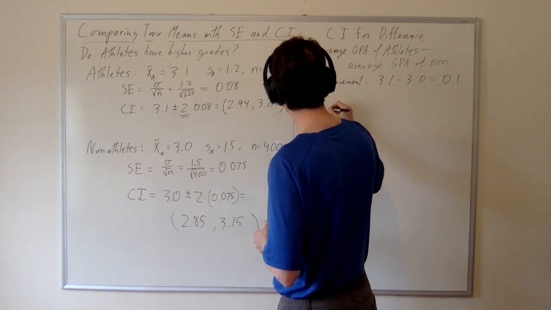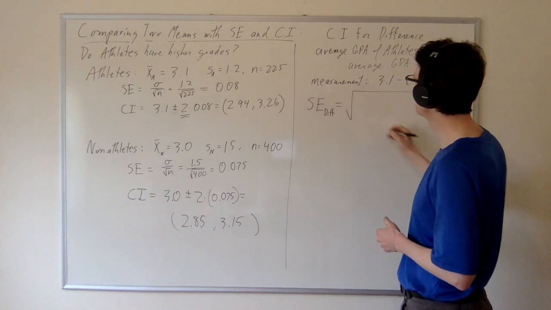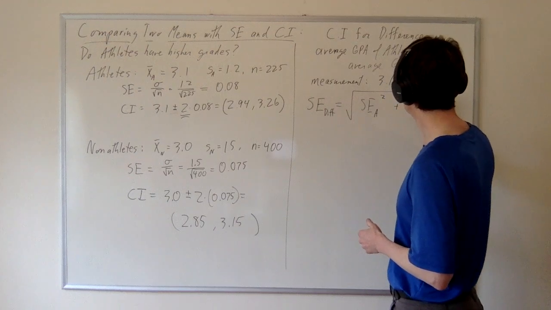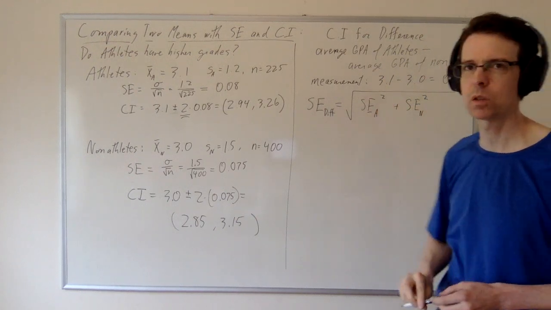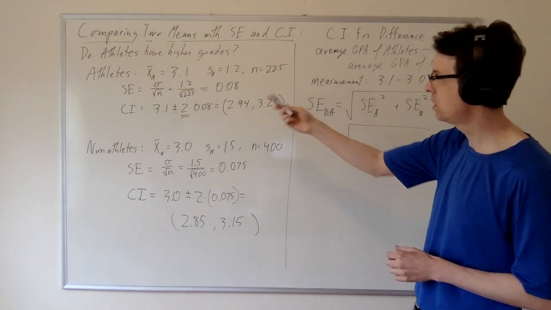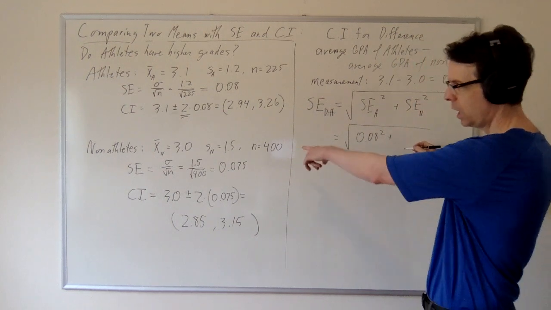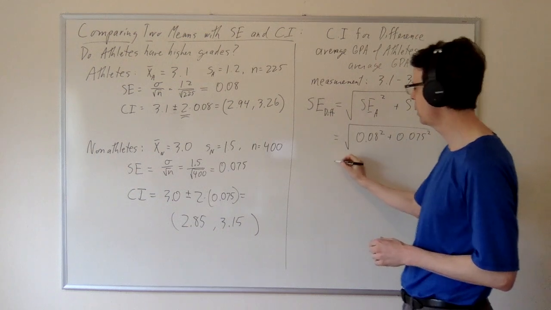The standard error for the difference is again going to be the square root of the sum of the squares. Standard error for the athletes, standard error for the non-athletes. We're going to square them both, add them, and take the square root. So this will be the square root of specifically 0.08 quantity squared, and over there 0.075 quantity squared.